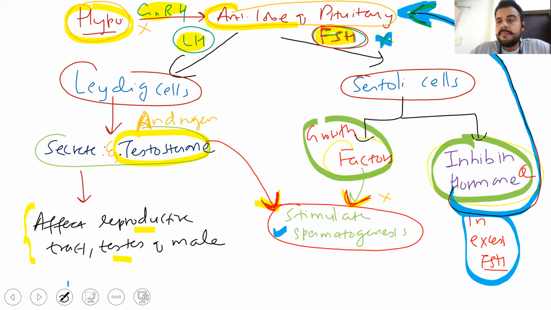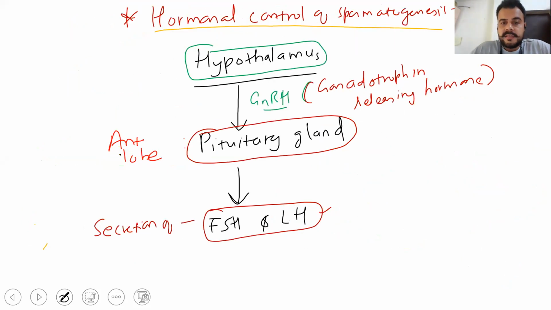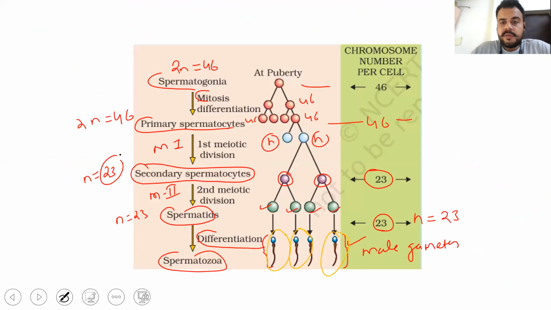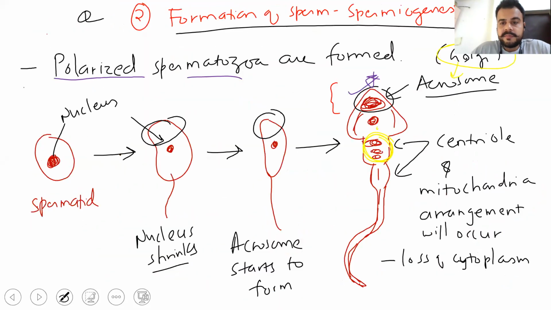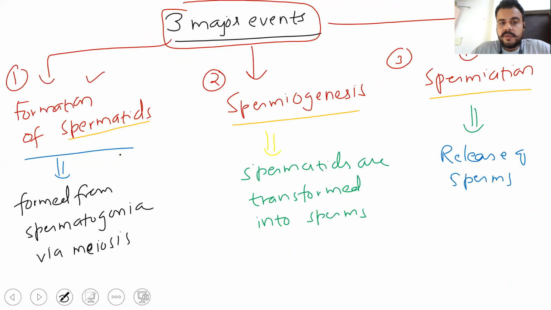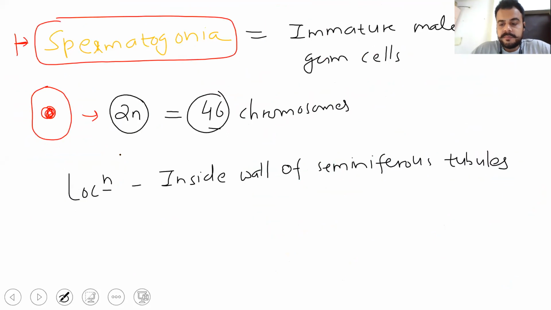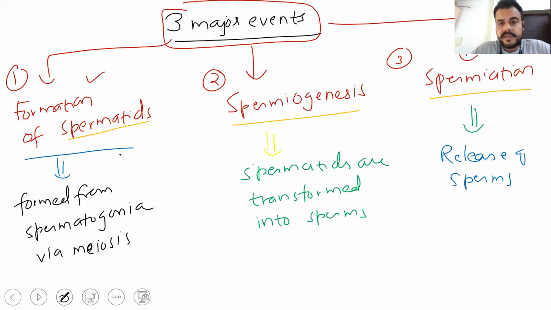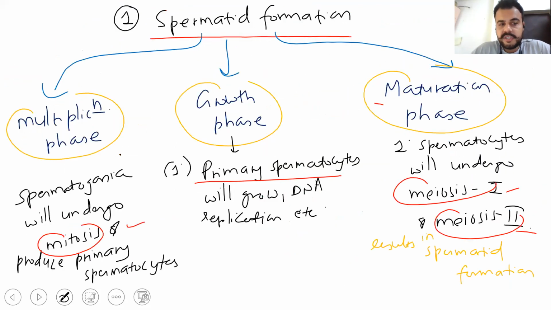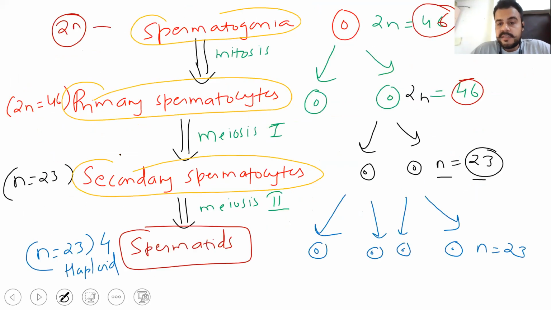So this is all we have in the male reproductive system and gametogenesis. If you have any problems, you are free to ask. Spermatogenesis has 3 phases: spermatid formation, spermiogenesis, and spermiation. The spermatocytogenesis phase again has 3 phases: multiplication, growth, and maturation. Meiosis and mitosis lead to the formation of spermatids.